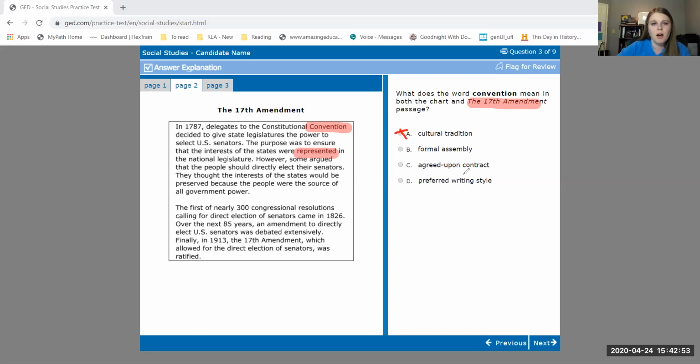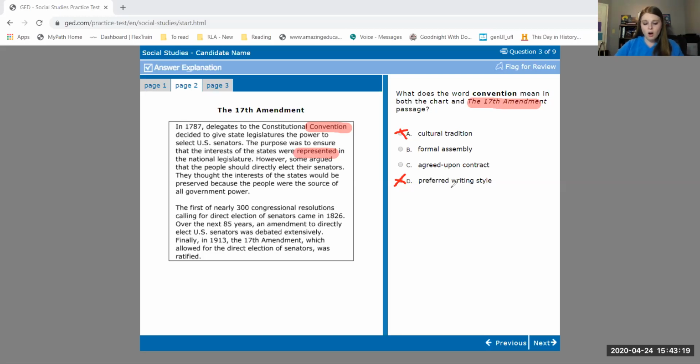An agreed upon contract. Well, they are negotiating, so maybe that's a possibility. Letter D, preferred writing style. We're talking about creating the government, so I don't really think we're talking about writing here. So now I've got two possibilities that we want to kind of break down. We have formal assembly and agreed upon contract.